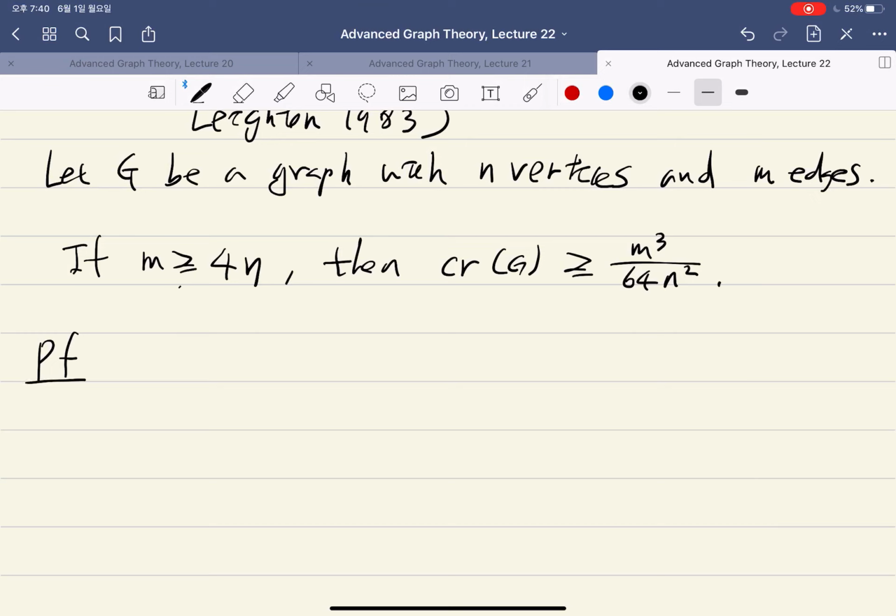So how do we do it? We want to use some probability method.